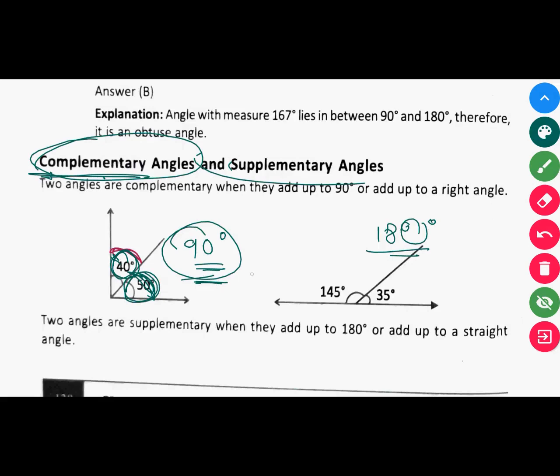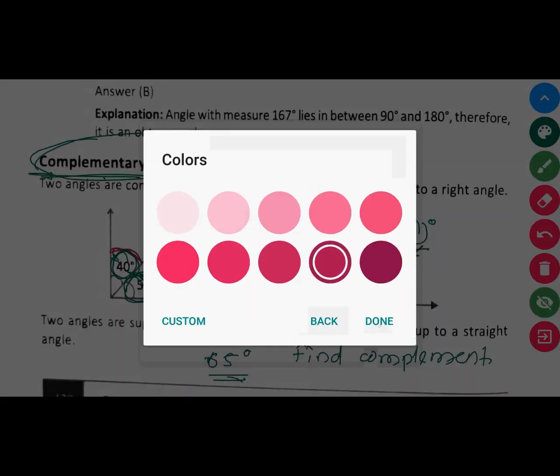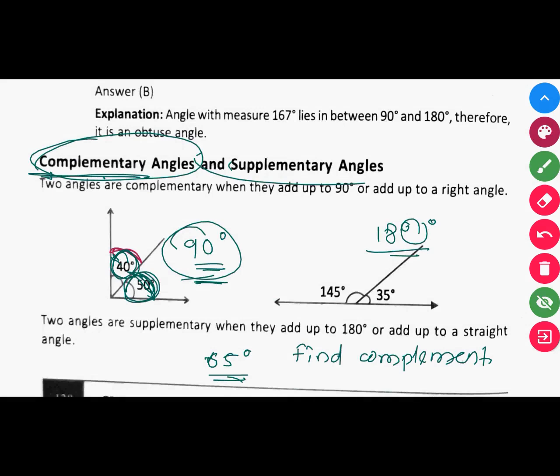Okay, so if I give one example, I have an angle which is of 65 degree, find the complementary angle of it. Then what you will do here, we know that the sum of complementary angles is 90 degree. So if one angle is of 65 degree, the other angle is 90 minus 65.